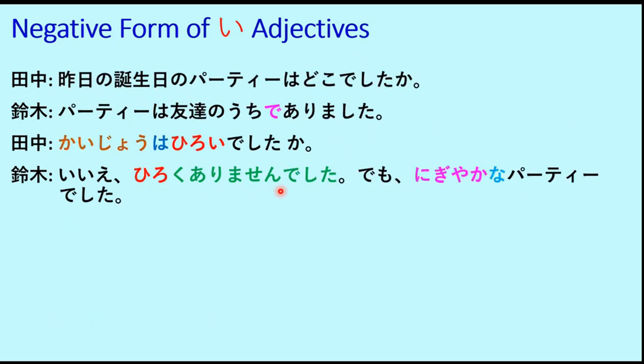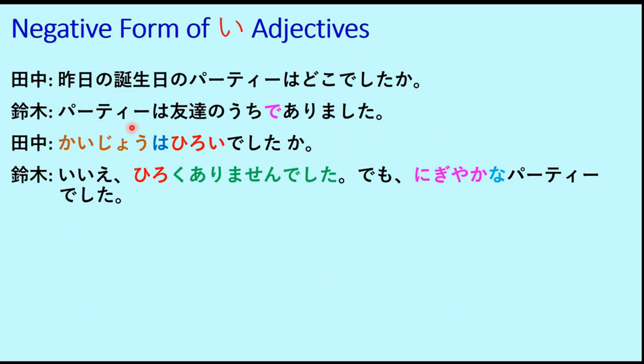So let's look at one more conversation. Again, conversation between Tanaka and Suzuki. So here Tanaka-san says, "Kino no tanjobi no party wa doko deshita ka?" So very simple. Kino no tanjobi no party wa doko deshita ka?